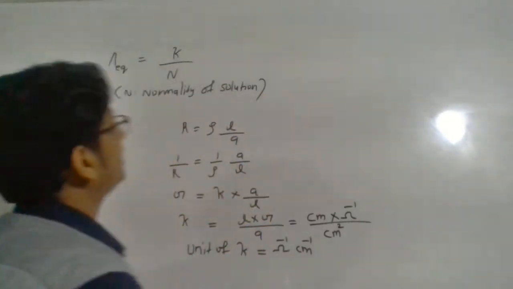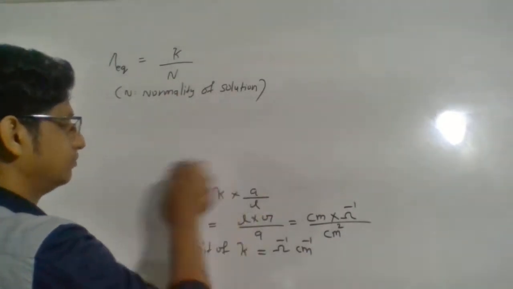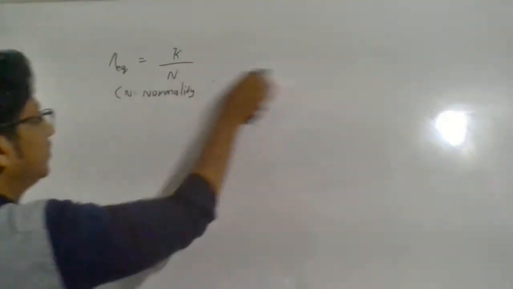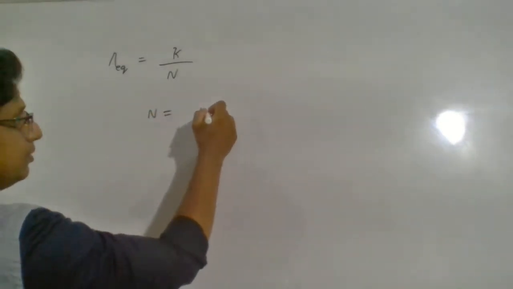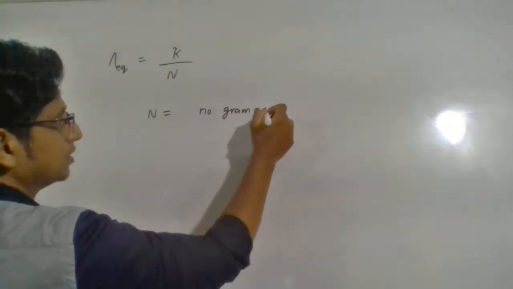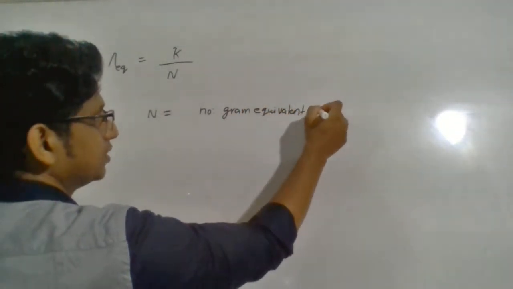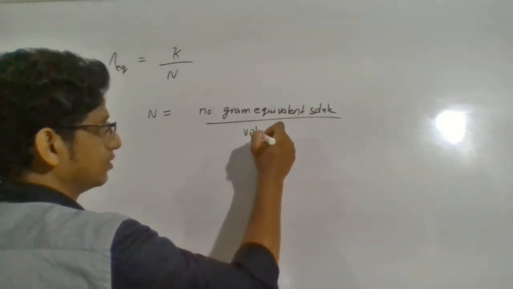So let us try to find the unit of equivalent conductivity. We know what normality is all about. Normality is the number of gram equivalents of an electrolyte or solute divided by the volume of the solution.